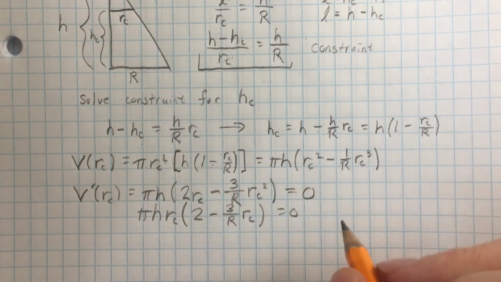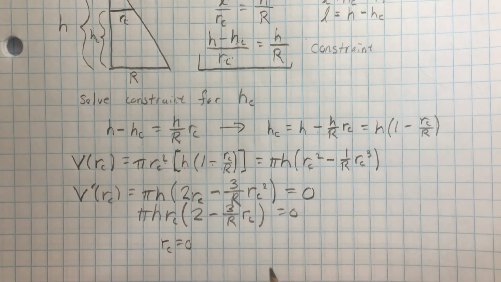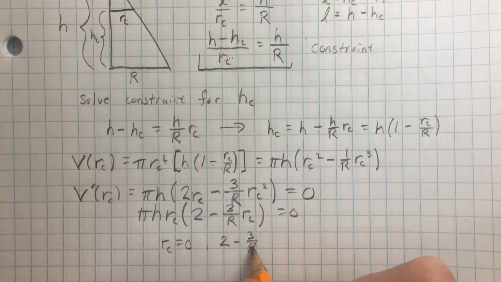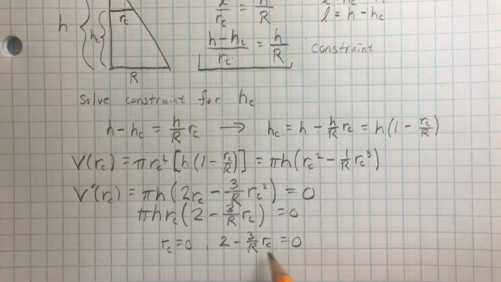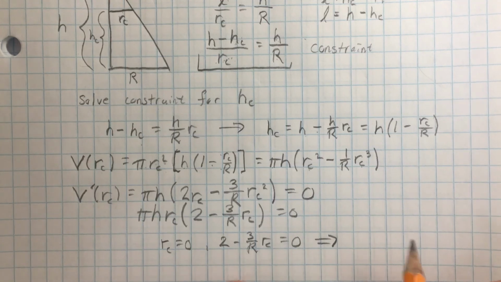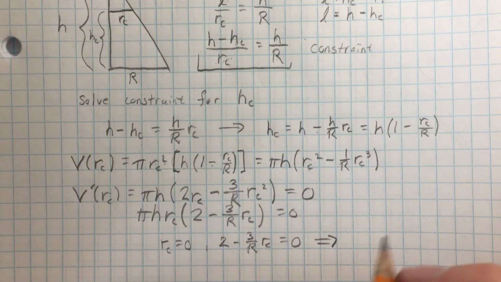Now we have two options. Clearly rc could be 0, and that would make this true. The other option is 2 minus 3 on R rc would be 0. I'll just write that here. We'll solve it in one second. It's not too complicated, really. So I need to solve for rc. This would imply, if I just subtract 2 over and then multiply by the reciprocal, what do I get?